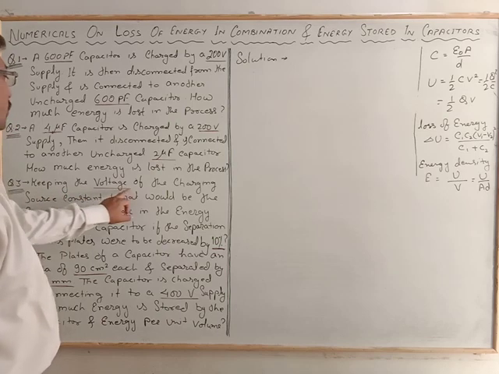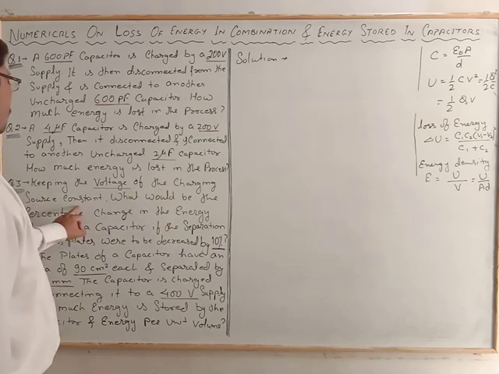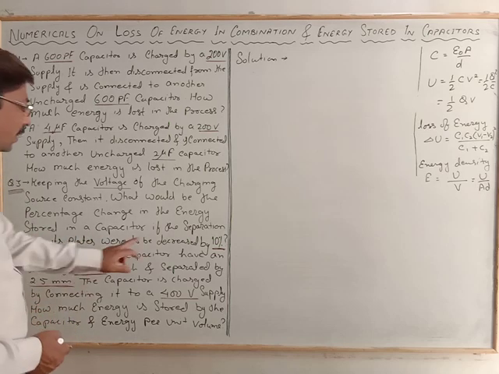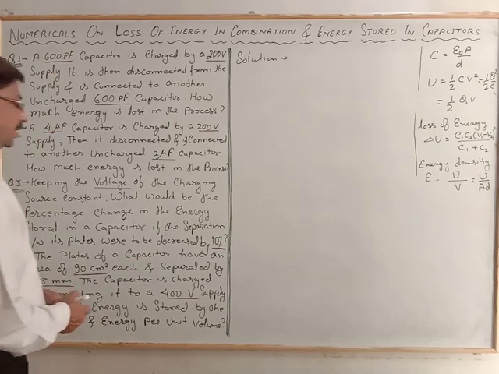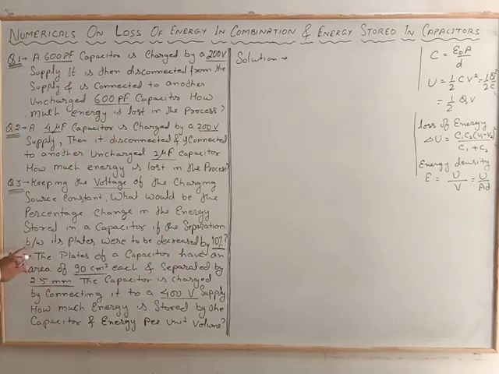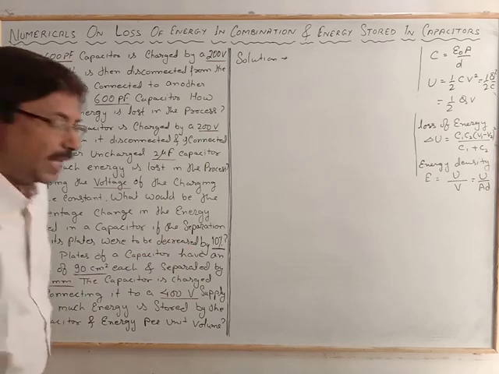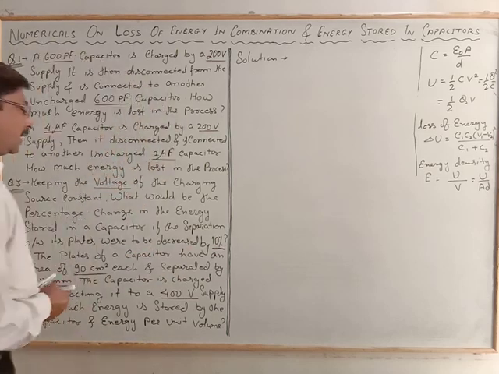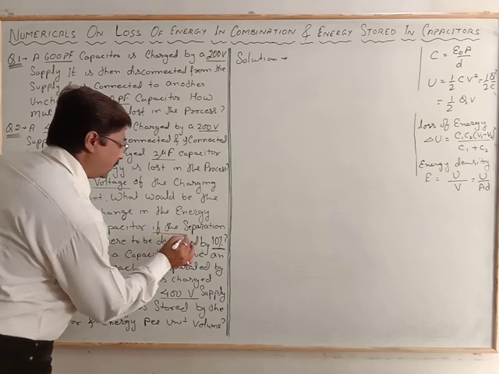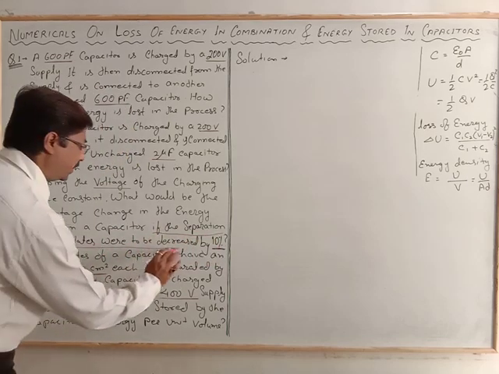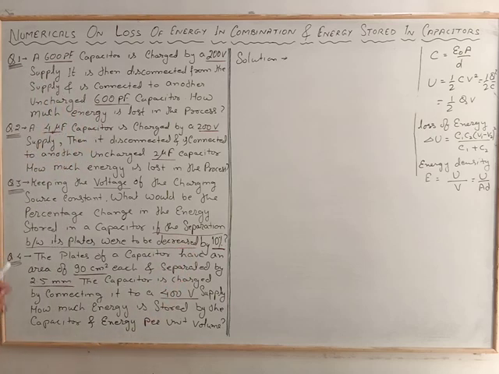Keeping the voltage of the charging source constant, what would be the percentage change in the energy stored in the capacitor? Now, the condition is given here: if the separation between the plates were to be decreased by 10%.